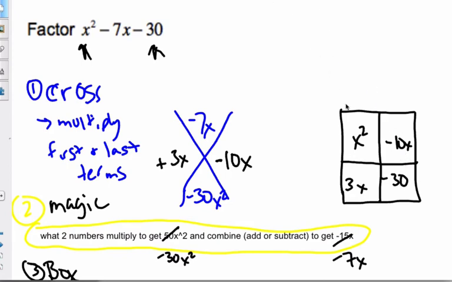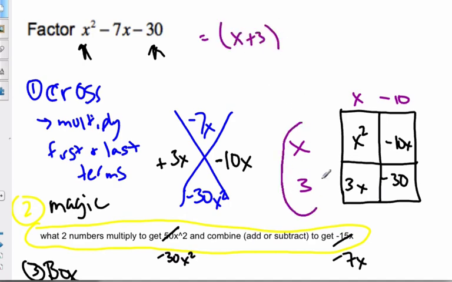And now I factor. Factoring here, x is common. Between 3x and negative 30, 3 is common. In this direction, x is common. In this direction, negative 10 is common. And so then my factors are x plus 3 from here and x minus 10 from there.